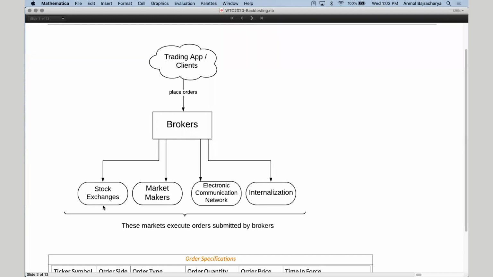The other option is that brokers have their own inventory for executing the trade, so they don't need to send the orders to the markets for execution. They can just internalize it and execute the order by themselves. So that's how, from a high level, a trade placed through brokers is executed.